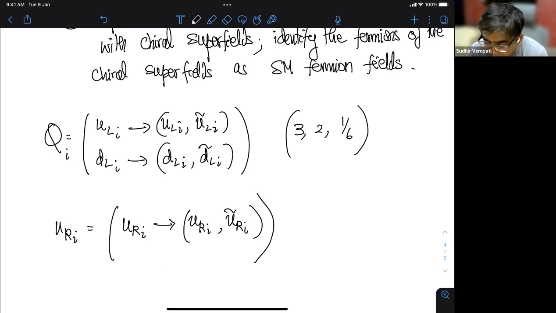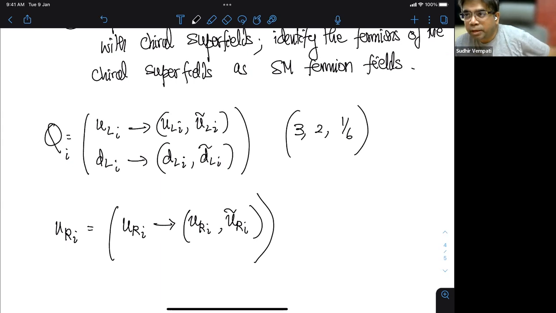But if I write it in this notation, there is a slight problem, because in the standard model the left and right-handed fields have the same hypercharge.